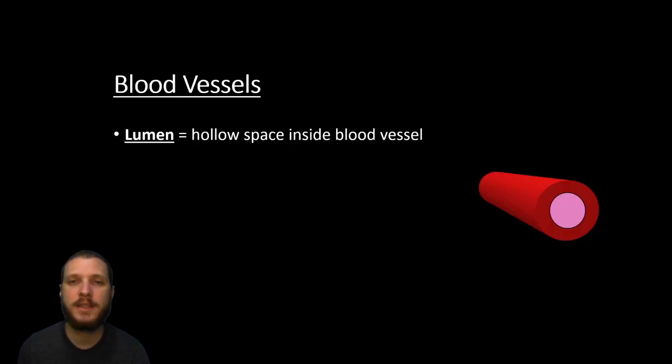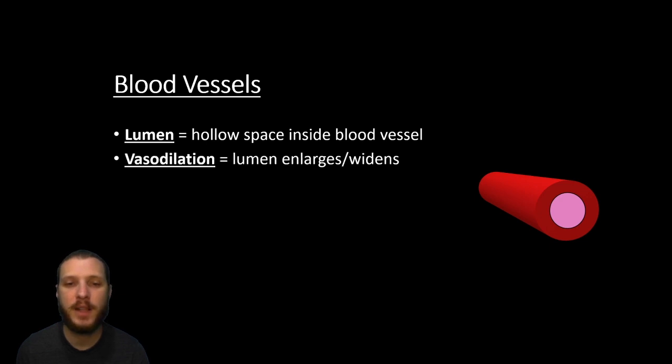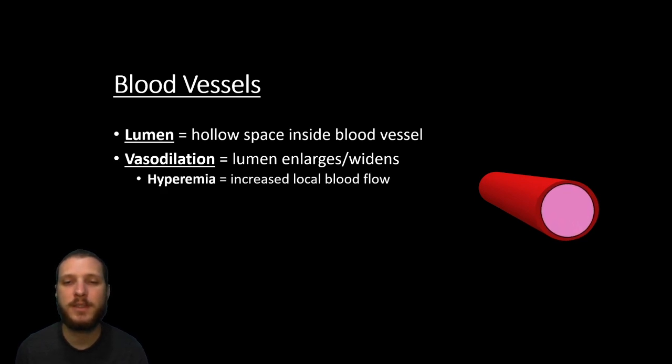The hollow space inside of a blood vessel is going to be called a lumen. And as we said, when that lumen enlarges or widens, we call that vasodilation. This is what leads to a hyperemia or hyperemic response, so increased blood flow. If that lumen's larger, it can carry more blood, and we're going to have a hyperemic response.